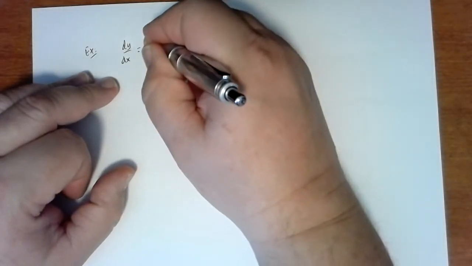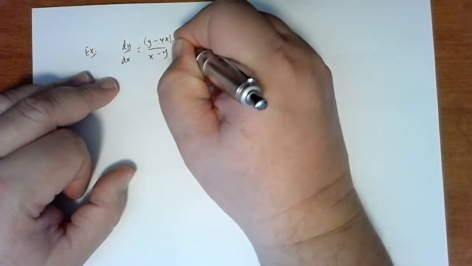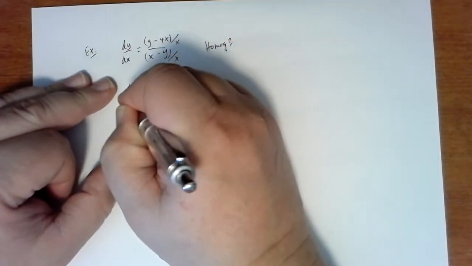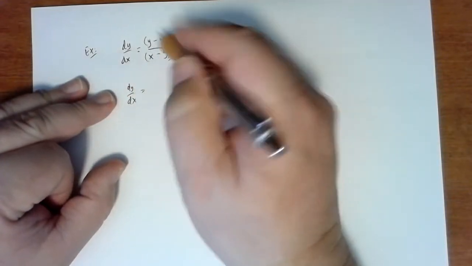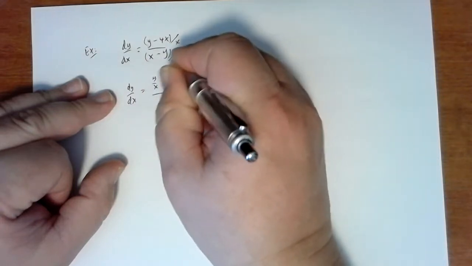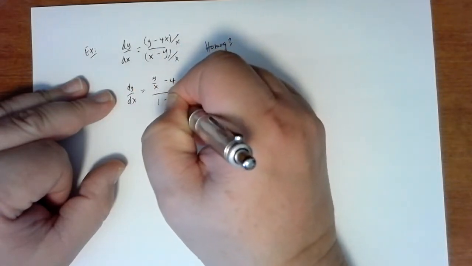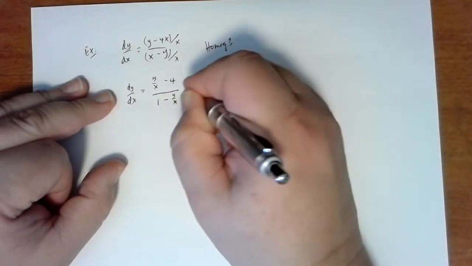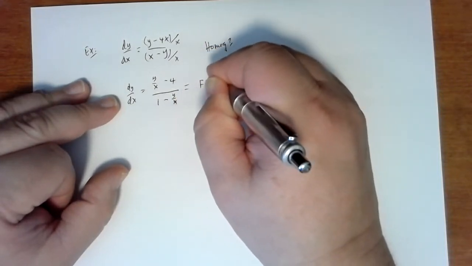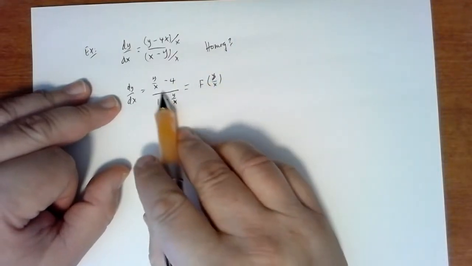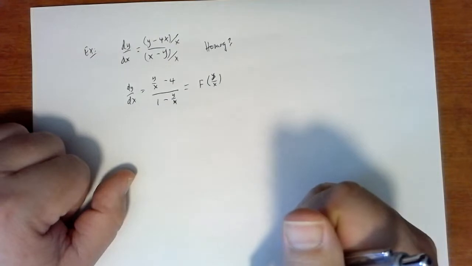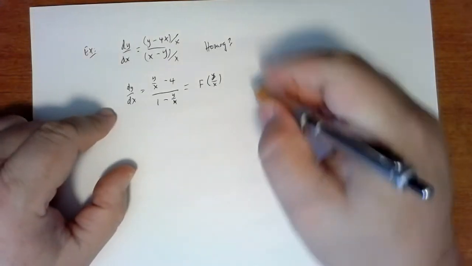However, if you divide the numerator by x and the denominator by x, what do we get? We get y over x minus 4 divided by 1 minus y over x. And now this is of the form f of y over x. That is, wherever you see the variable in your differential equation, it's of the form y over x. Very good. And now we'll do our substitution.